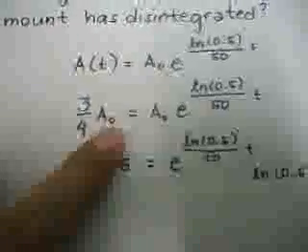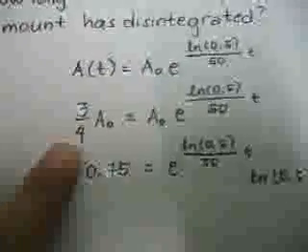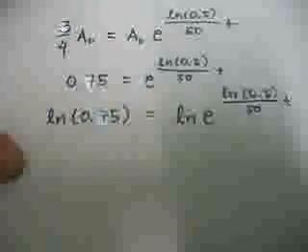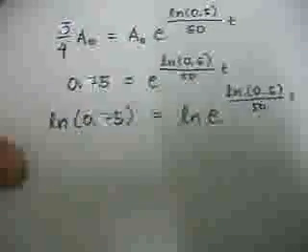So again, we are able to cancel the A naught, and I just converted 3/4 into its decimal form, which is 0.75. So we have this equation. And then I applied the natural logarithm to both sides in order to cancel out the e right here.